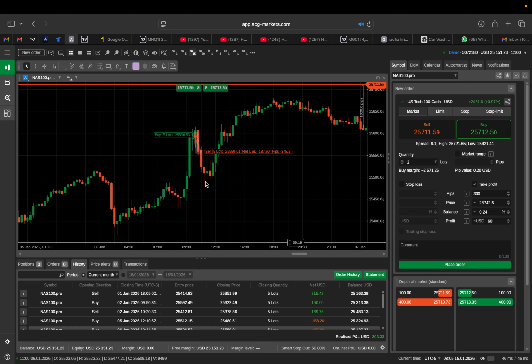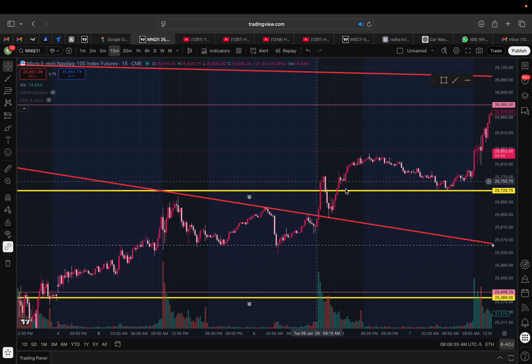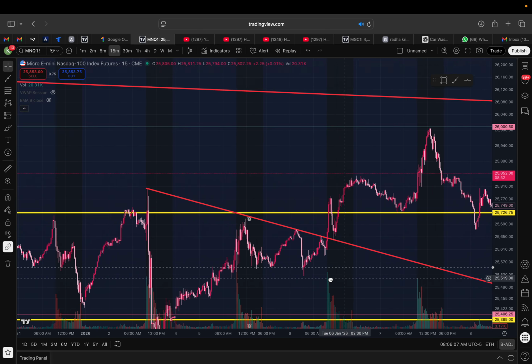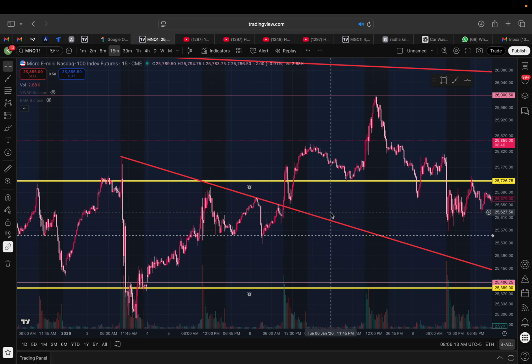I think what I need to do is maybe use a smaller position size and let it move a little bit before I just get hit by SL. That's what I need to do. I need to reduce my position size and then see how it actually goes and allow it to go. Because right now it was a beautiful touch point trend line.